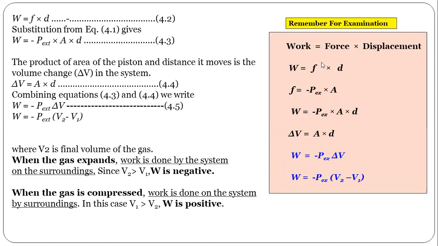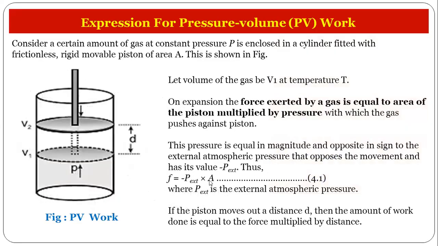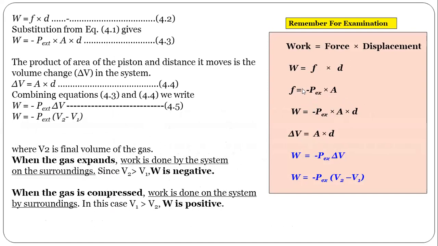Now these are the tips I have given to remember for the board exam. For the board exam we have to remember these steps. Work is equal to force into displacement, F into d. But in case of thermodynamics, this force is minus P external into area. So we are going to put these values in this equation.